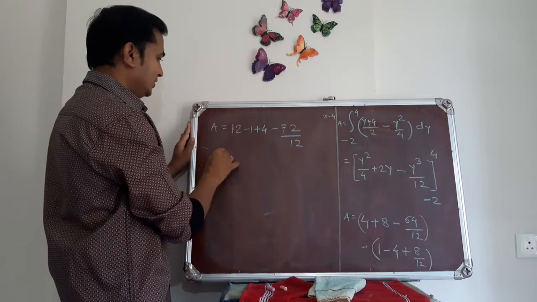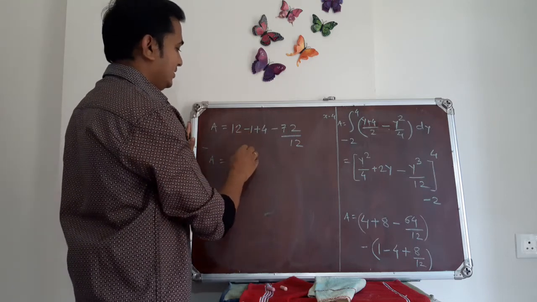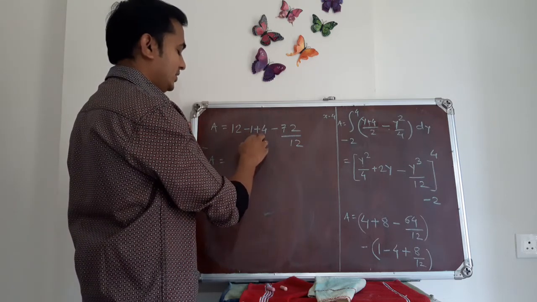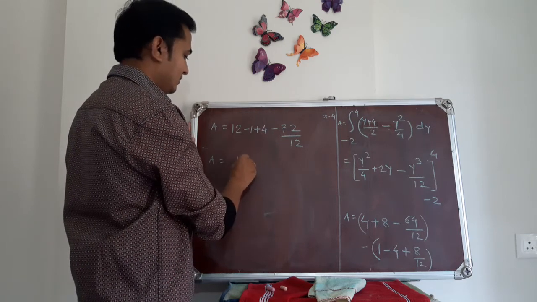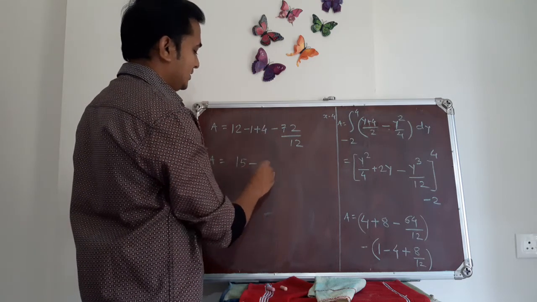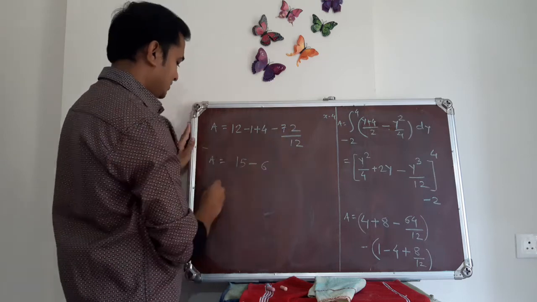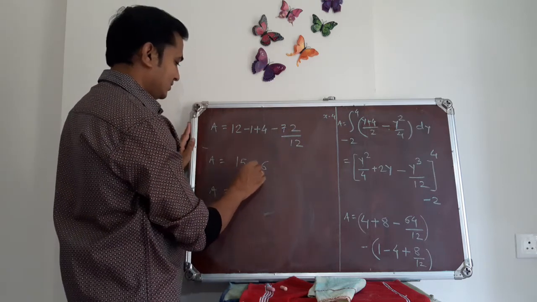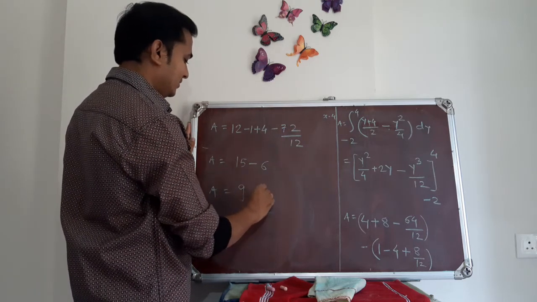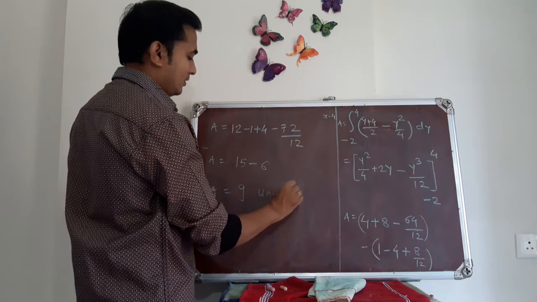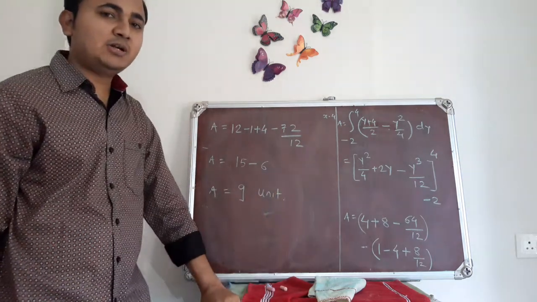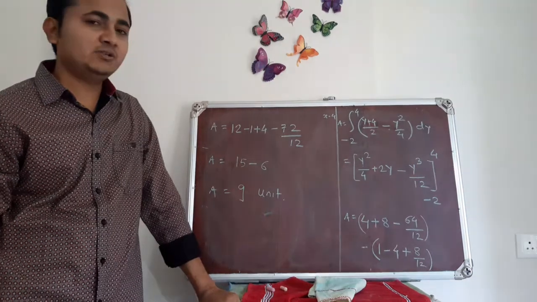So A is equal to 12 minus 1 is 11 plus 4, 15, minus 6. Okay, so A is equal to 9 unit. So the area bounded by that region is 9 unit.